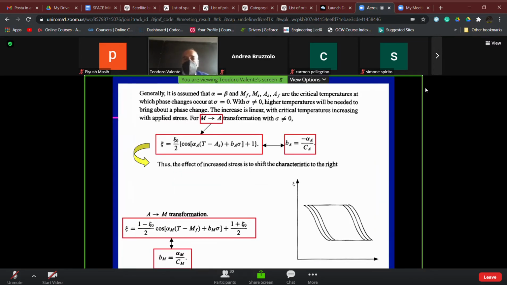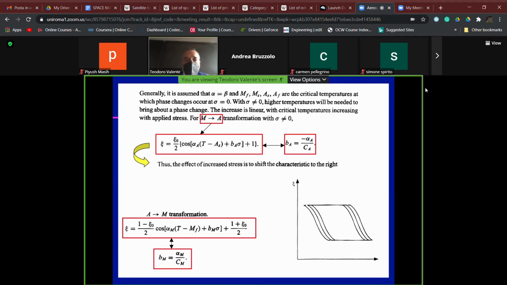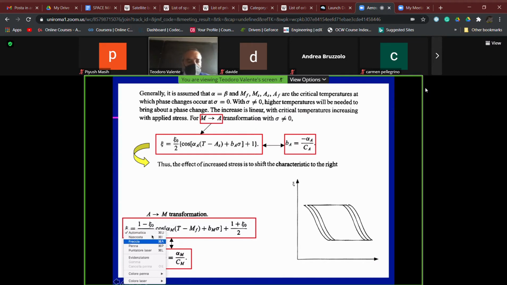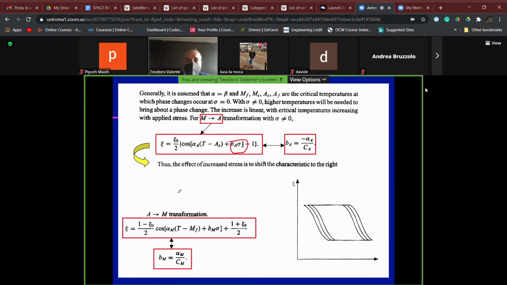Thus, if we have in mind our general equation, which gives us, for example, for the martensite to austenite transformation, the percent of martensite which is still retained, we saw last time that it can be written, in this case, like Xi equal to Xi0 divided by 2, multiplied by a cosine of an angle plus 1, with this added term here, which is a linear term, in order to take into account the variation of the critical martensite temperatures.